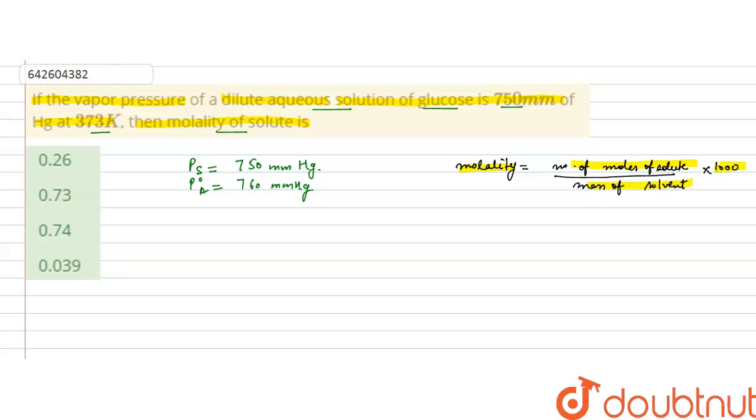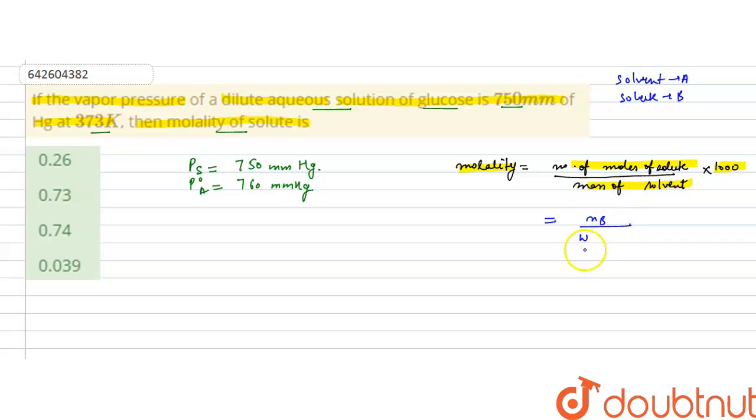It means we can write it as number of moles of solute, write it as NB, and let the solvent be A and solute be B.